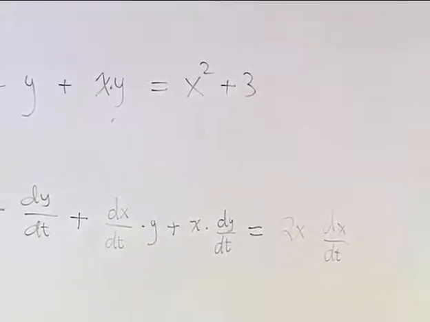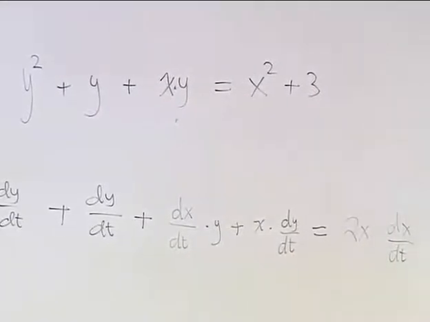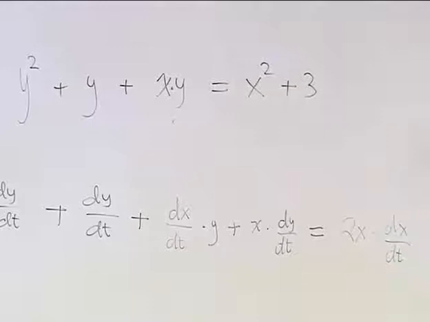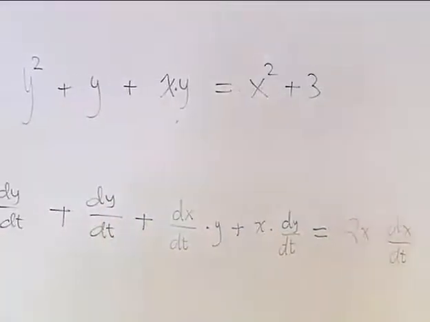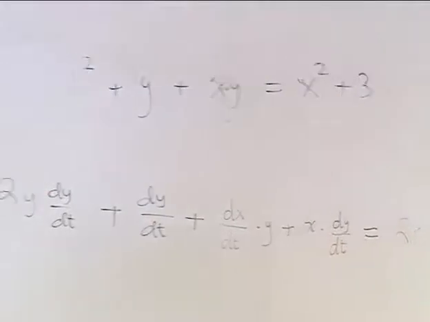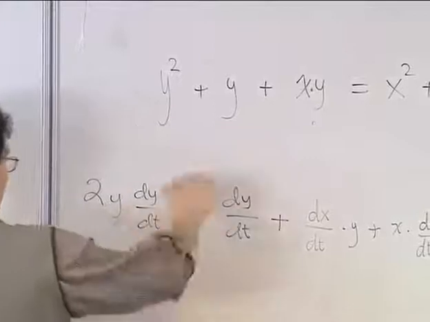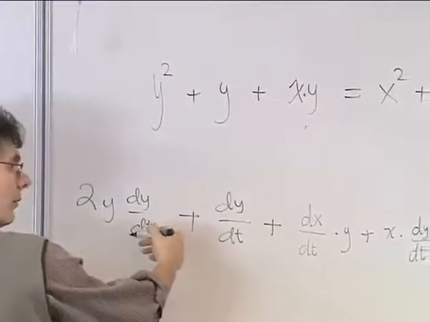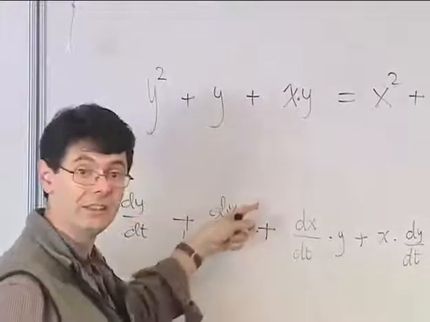Okay. Let's do it slightly differently from what I did before. Multiply everything by dt. If I multiply by dt, the dt cancels.